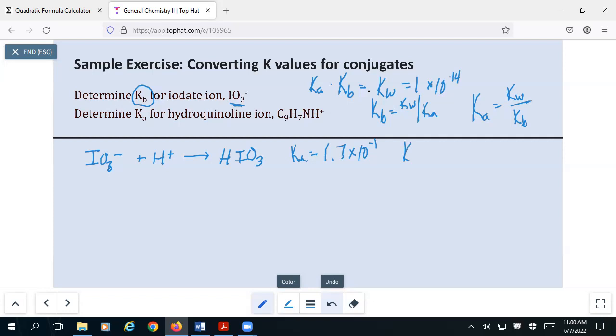Which means that the Kb value would be 1 times 10 to the negative 14th over 1.7 times 10 to the negative first. Which would be 5.9 times 10 to the negative 14th.